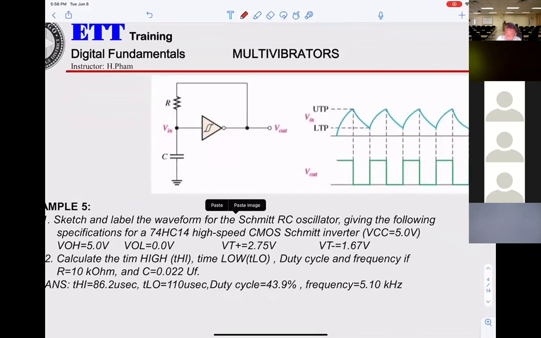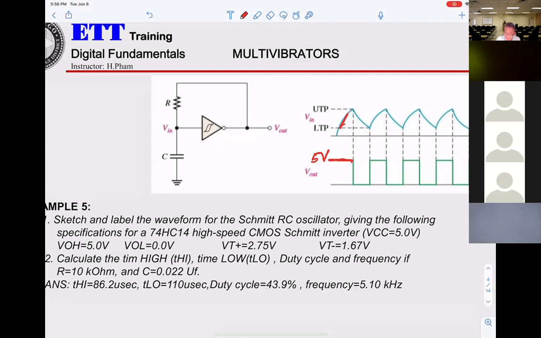So normally the output will be high right here at the beginning, 5 volt. You know why? You just turned it on, so the input will be 0, and the output will be high, and the capacitor will be charging.